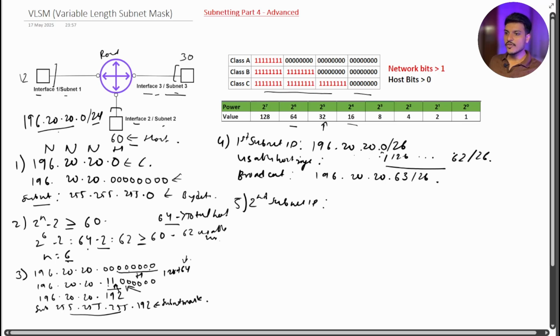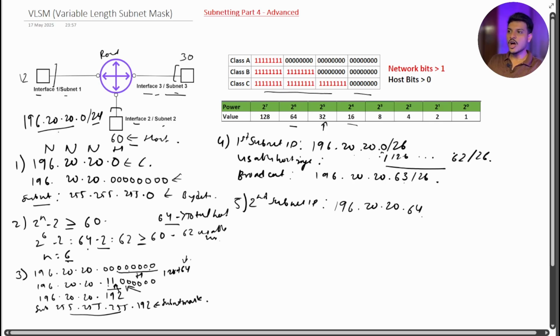So our next subnet, the second subnet, would be 196.20.20.64. If we see the second method also, the broadcast IP for the first subnet was ending with .63, so it is the last IP for that range. The next IP will be the subnet IP for the next range, so by this way also it will be .64 only.